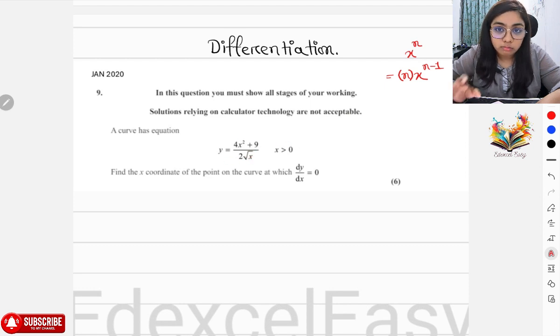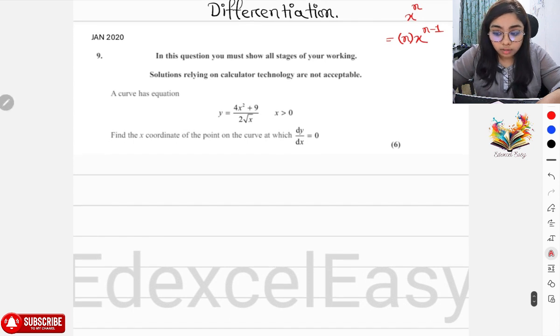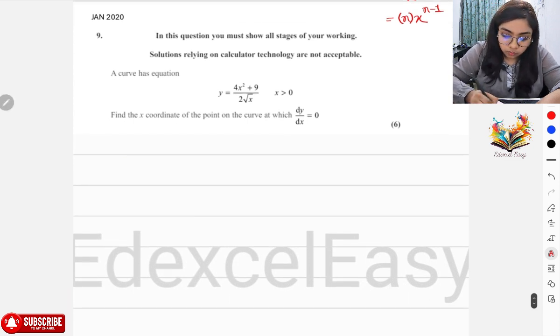That is the main reason that you have to take this upward, because I don't want any x in the denominator now. So after taking all the x from the denominator to the numerator, I can start with my differentiation process. So at first we need to simplify that equation, right? So we'll start with that, simplifying the differentiation equation.